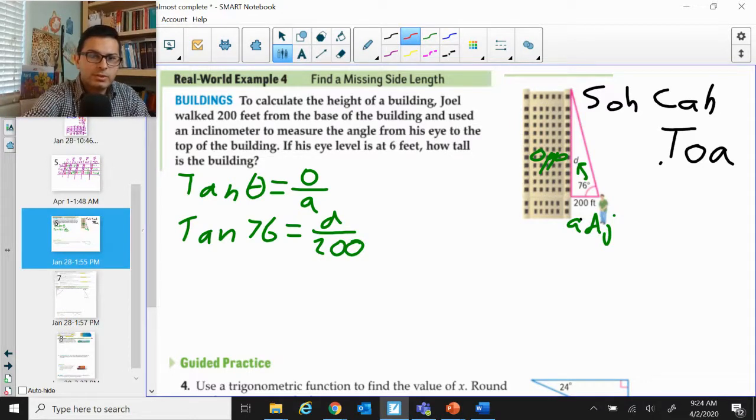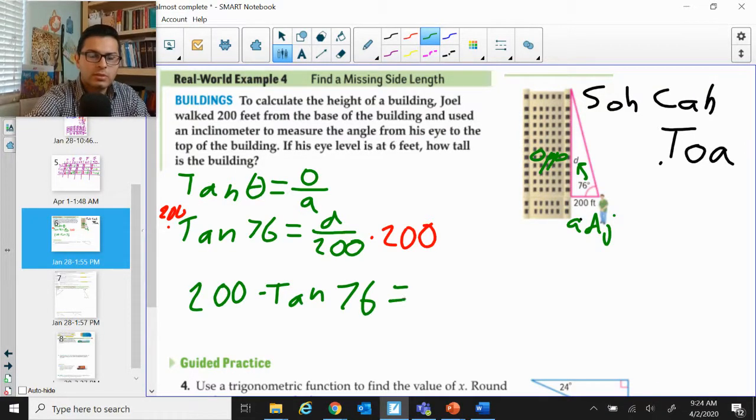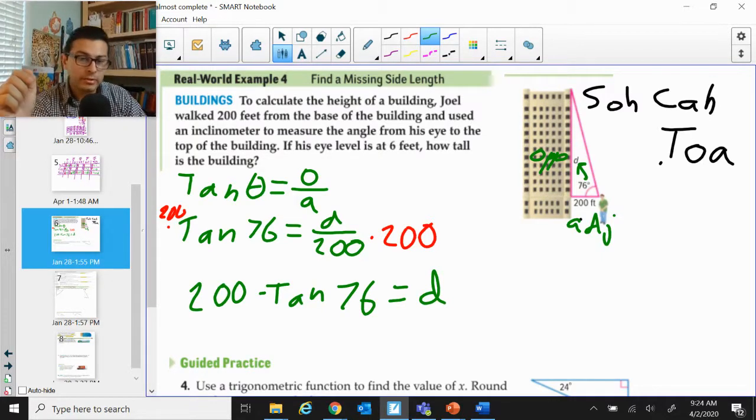We're going to multiply 200 on both sides. We will end up with 200 times tangent of 76 equals D, D being our opposite side of the triangle.